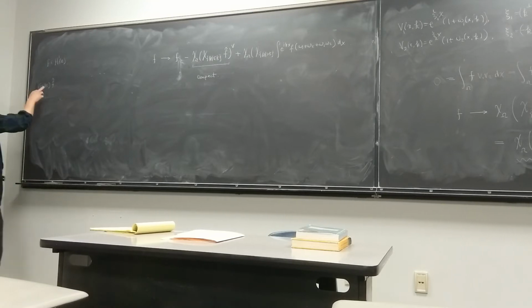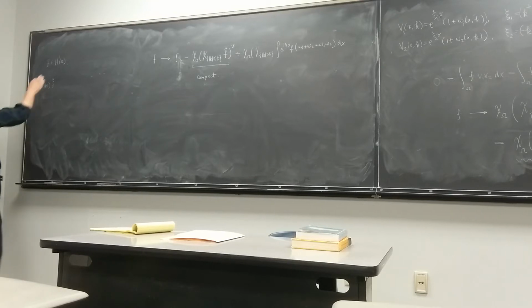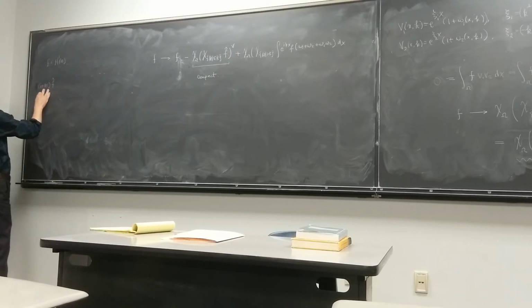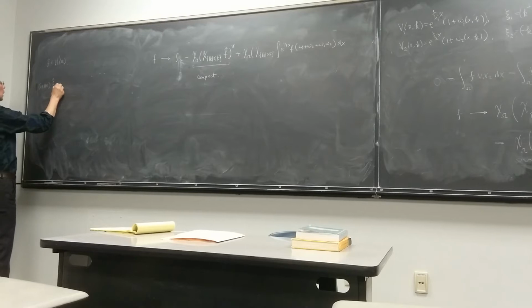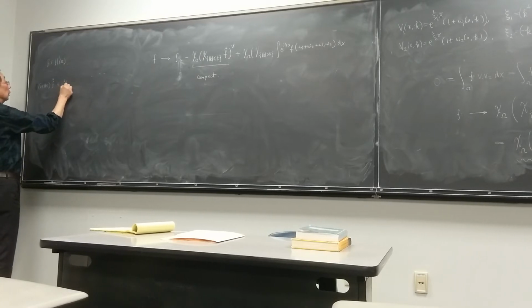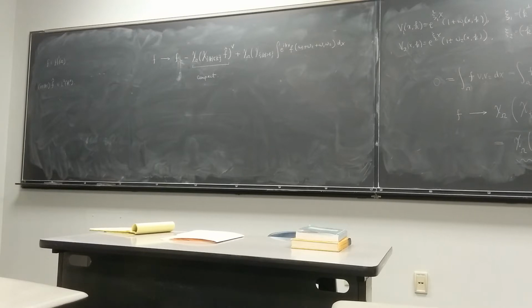Here it's not really the derivative, but it is equivalent to the derivative. So in order for f to be in H1, you need this to be in L2. That's an equivalent condition.